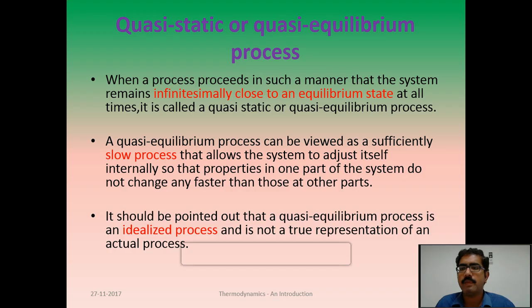For example, we have a state 1 that moves to a state 2. In state 1, it has a pressure of 30 bar. In state 2, it reaches a pressure of 35 bar. To attain that 35 bar, it won't reach 35 bar rapidly.